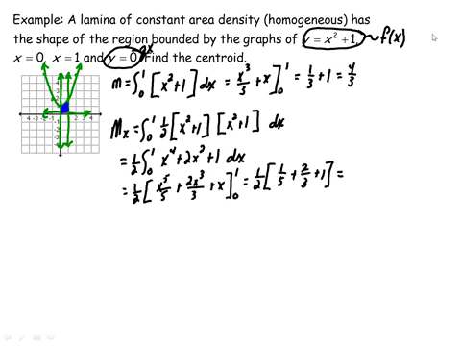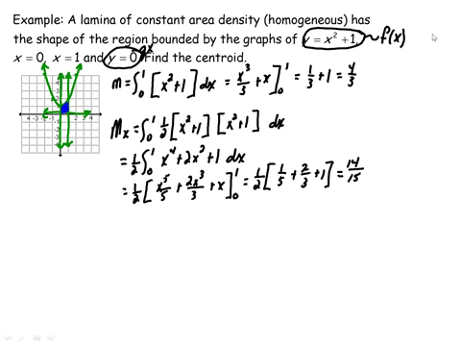And then if you put all that in your calculator, what are you going to get? 14 over 15 is what I come up with. Okay? So it's algebra and a little bit of calculus, basically. So you got to be able to do the algebra.